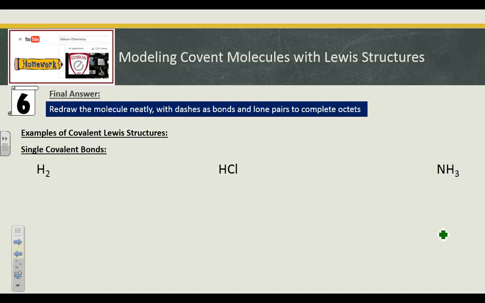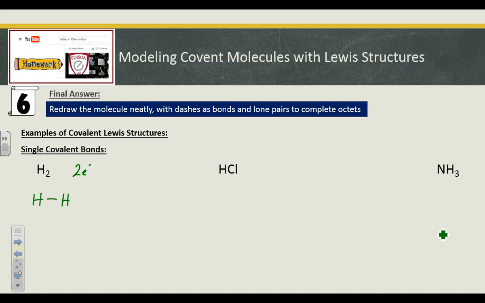Hydrogen, H2. The first thing I'm going to do is look at a periodic table. I see I have 2 electrons to play with. I have to remember, hydrogen is the only element out there that prefers a stable duet. So I'm going to draw the 2 elements connected with a bond, because that's my frame.